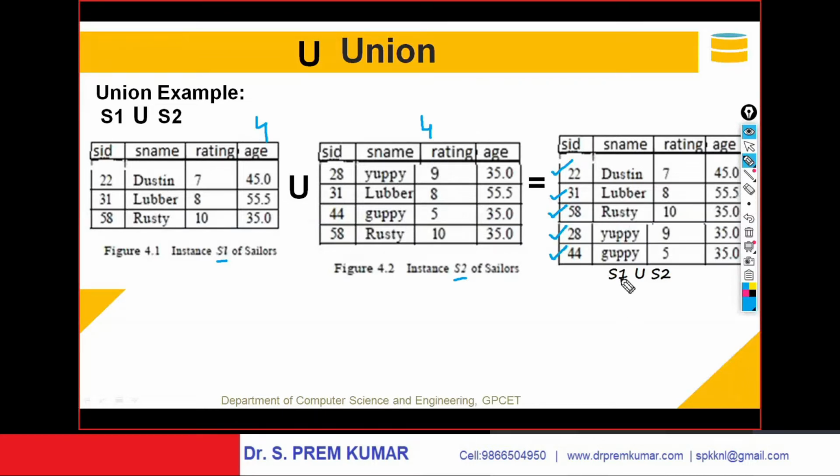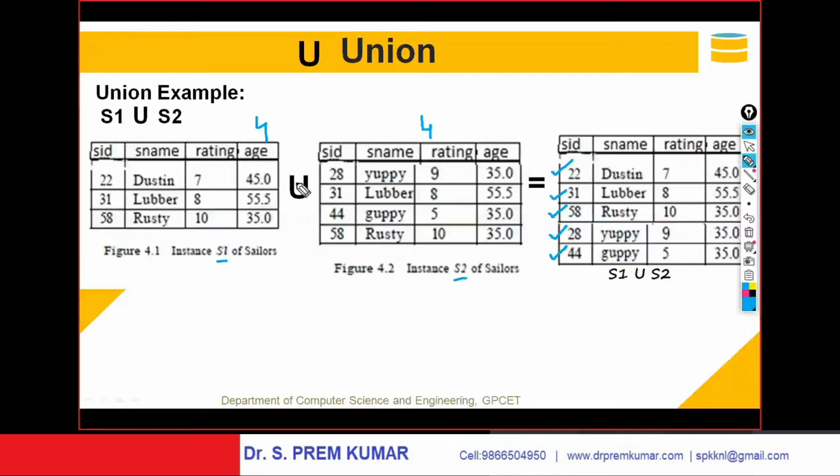Leave it. So S1 union S2 is nothing but the rows of the first relation and the rows of the second relation, eliminating duplicates. By eliminating duplicates, you will get the resultant query. Once you study these two tables, the S1 relation and S2 relation, and the union, what is the result?